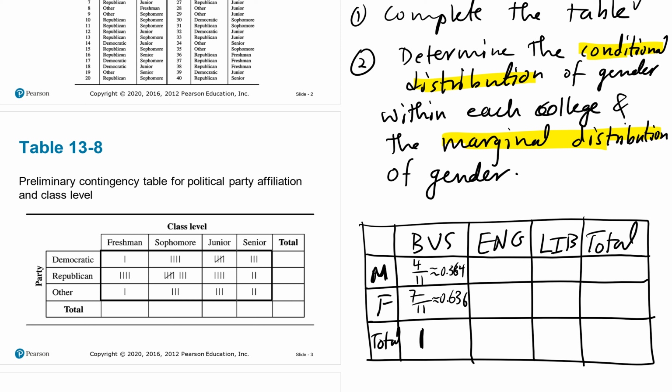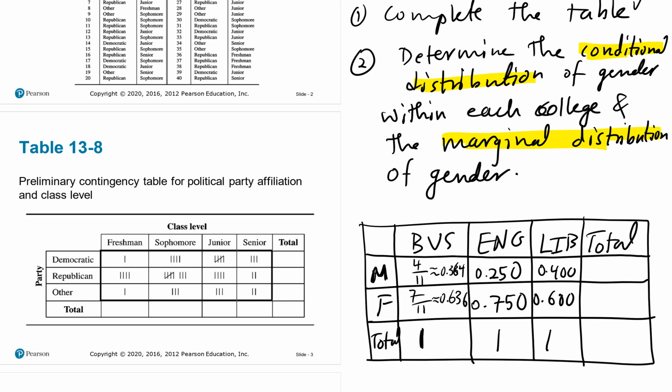For the engineering, we do the same thing. We see how many we have in the engineering and fill that up. So it's 0.250 I got, for this one 0.750, 0.400, 0.600. And then here, of course, 1.